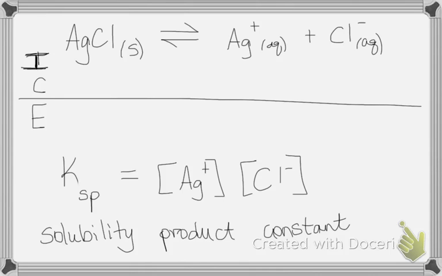For these ice tables, instead of putting X in the table, y'all know how we did the X's for the weak acids, remember? Your book uses S for solubility. Do you guys care? You mean do it like the book does it? Or, in other words, the book here would say S amount of this will dissolve and make S of this and S of this. Okay, you want to do X? That's fine with me.